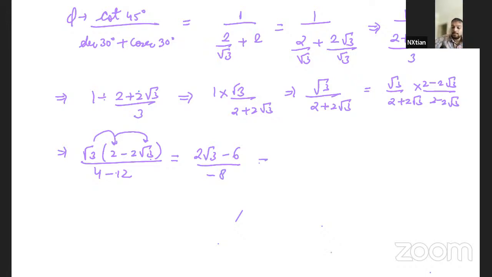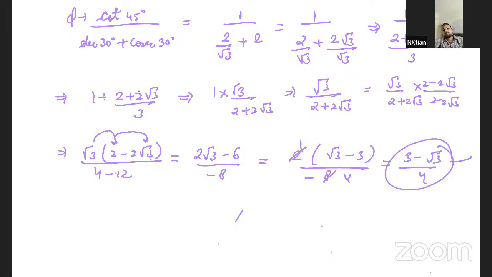Now you have to solve it. So I can take out 2 as a common also. Root 3 minus 3 upon minus 8. This is the answer. Understood?